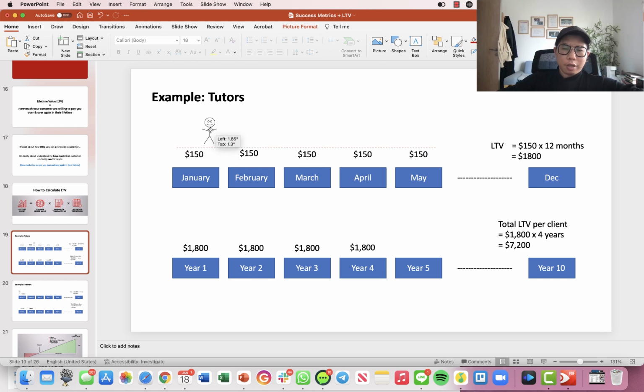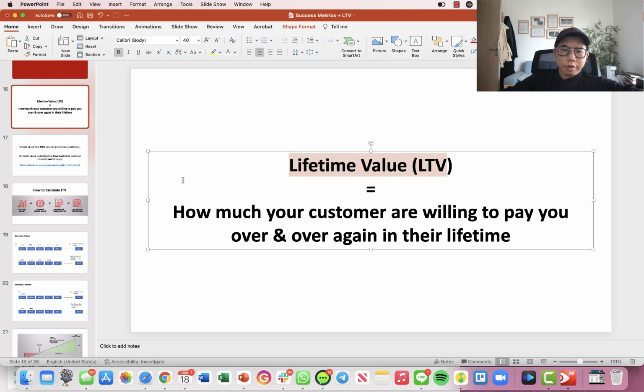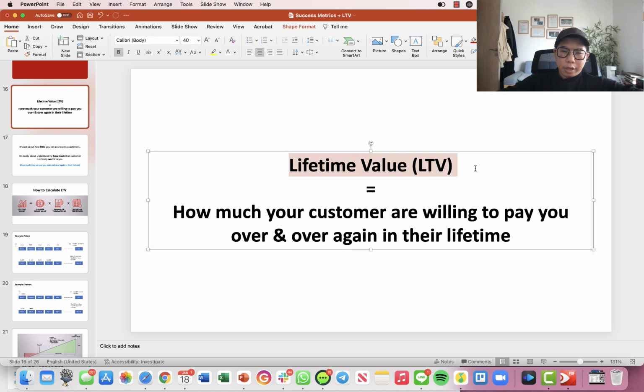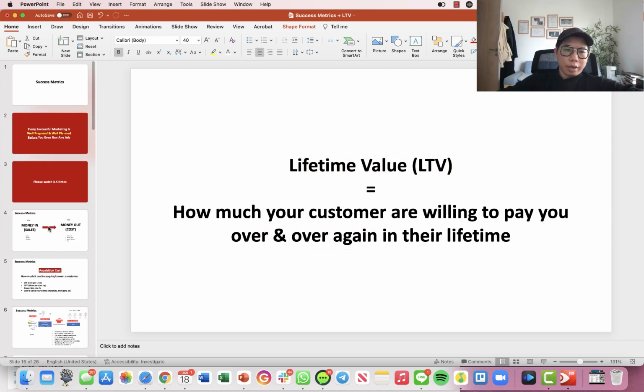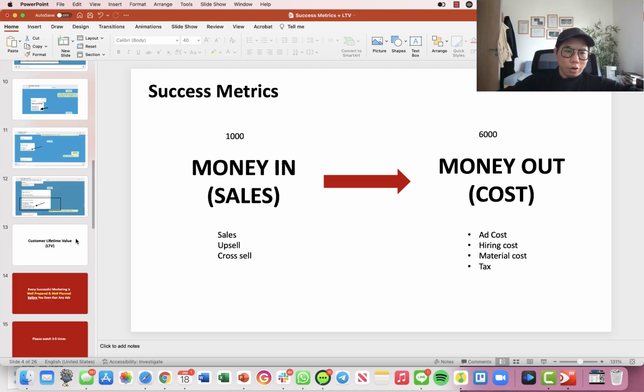You just divide how much you receive at the end by how many students you have, and then you have an average of how much one customer will pay you. So usually what we want to do is focus more on lifetime value. How do we get our customers to pay us again and again and again so that we can increase our sales? That's my point.